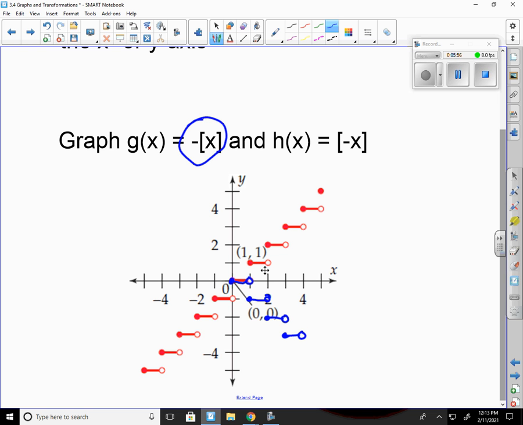If I'm saying that everything is going to become 2 between 2 and 3, right? Everything becomes 2 when x is between 2 and 3. Then if I have negative of that, everything is going to come down to negative 2. So does that one make sense?